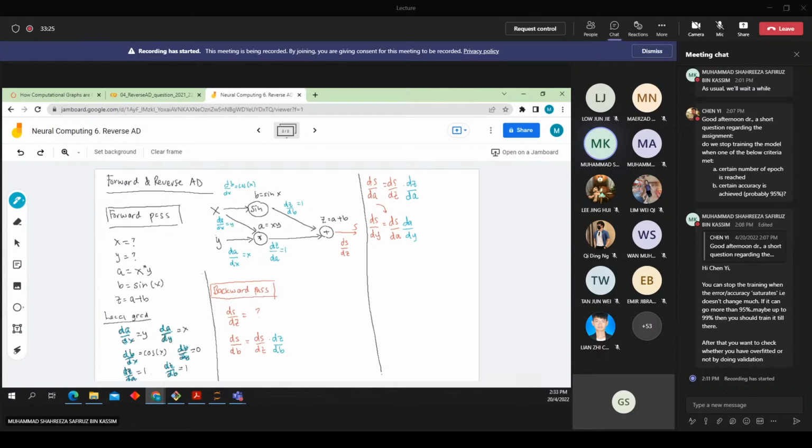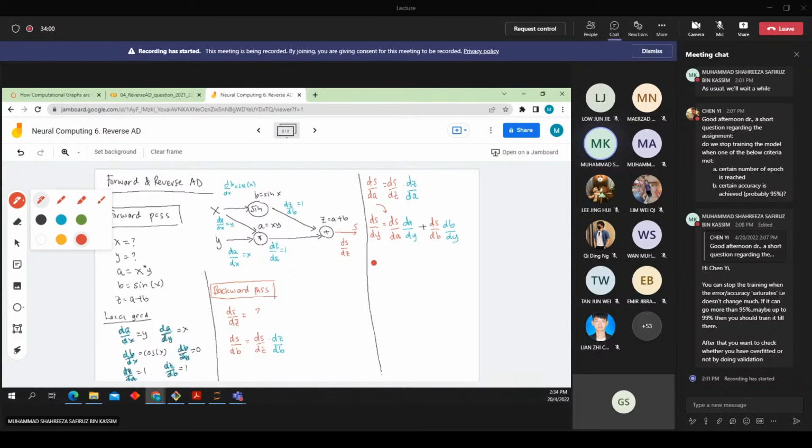And then you have to add, remember, because this is the chain rule applied to multivariables, you have to add the partial derivative of s with respect to b, which is this, times the partial derivative of b with respect to y, which is of course this one. Just write everything out explicitly.